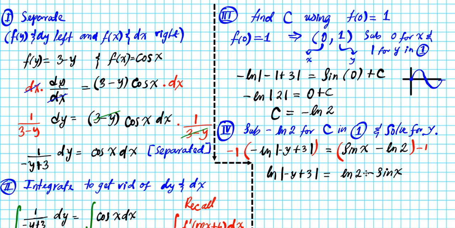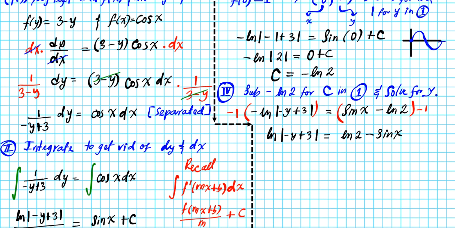Now to get rid of the natural logarithm, we use the inverse function, which is the exponential function. So we're going to take the natural exponent of both sides of the equation.